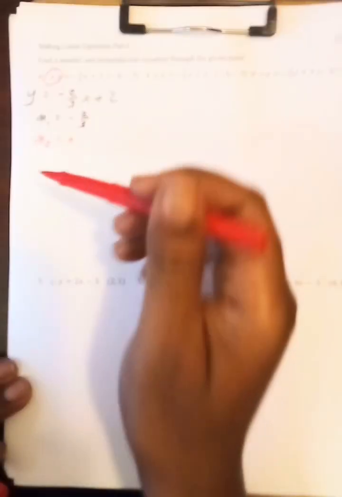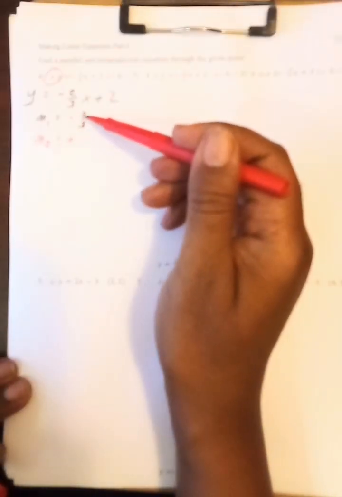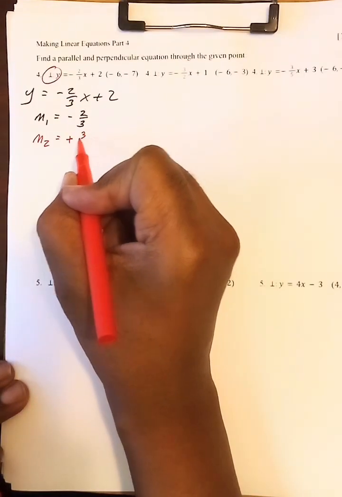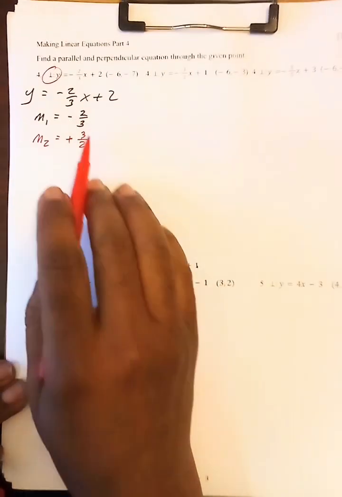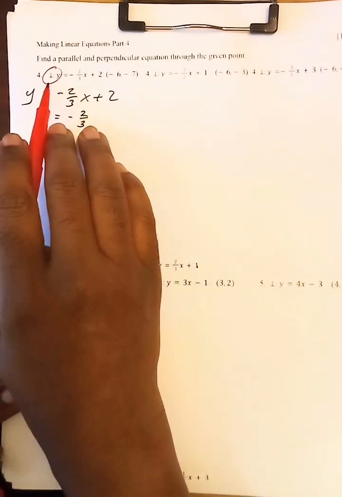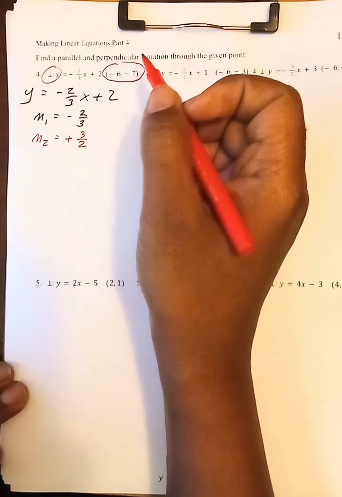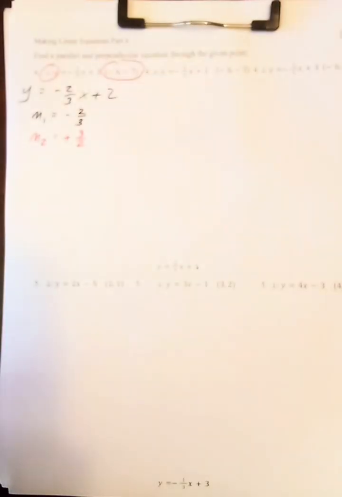And the second thing is going to be a reciprocal. This is 2 over 3. The reciprocal will be 3 over 2. And this new slope here is going to be perpendicular. And we're also going to go through the point negative 6, negative 7.